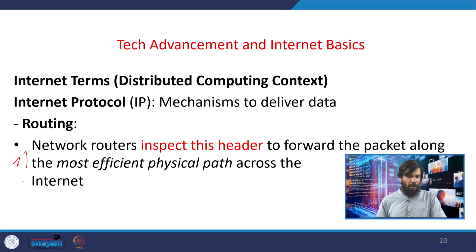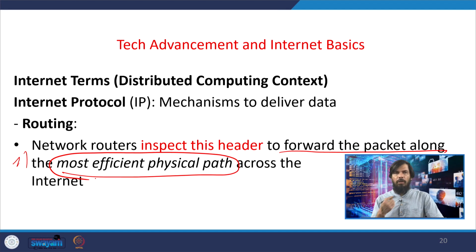Network routers inspect the header that is added by the internet protocol, get the source and destination IP, and that information is then used to forward the packet along the most efficient physical path, right. One idea is that end users should have a very good experience when accessing a website, and that website should load quickly into their web browser.